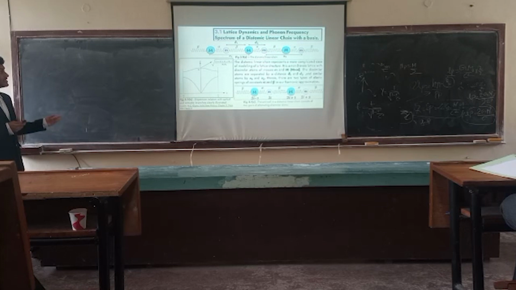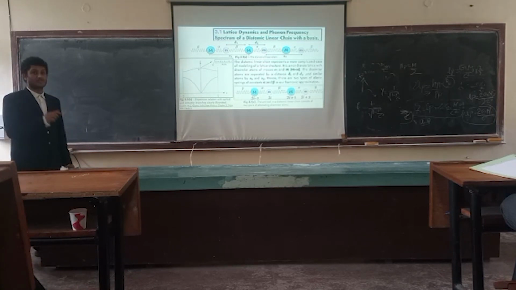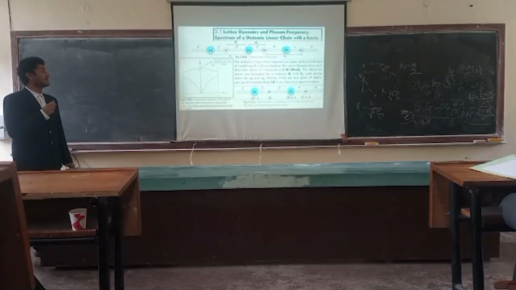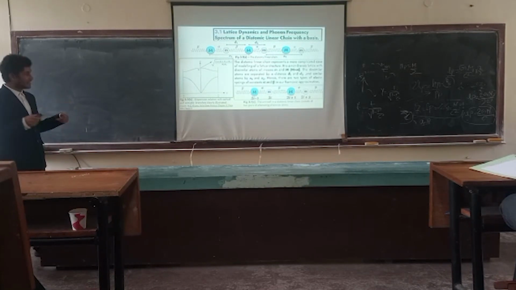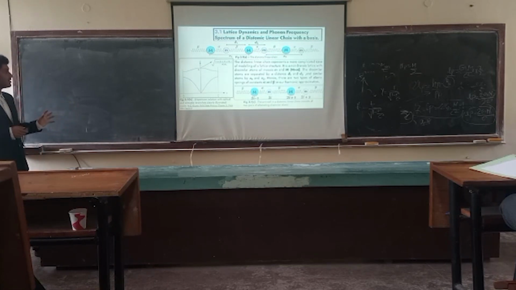Since the spacings are different, we have two different kinds of elastic springs in use, that is alpha and beta. The beta stands for the cases where the spacing is larger as compared to alpha.